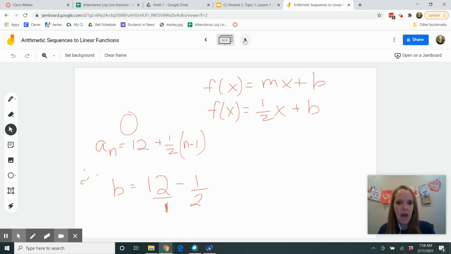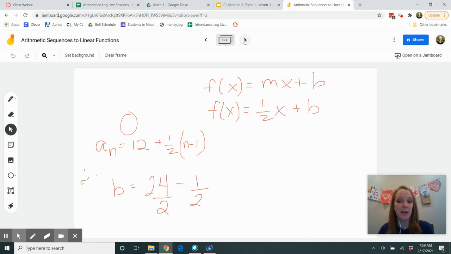Remember, with adding or subtracting fractions, you have to have a common denominator. The lowest common denominator is 2. So I'm going to take that 1 and make it match the 2. I'm going to multiply it by 2. But if I do that to the denominator, I have to do it to the numerator.